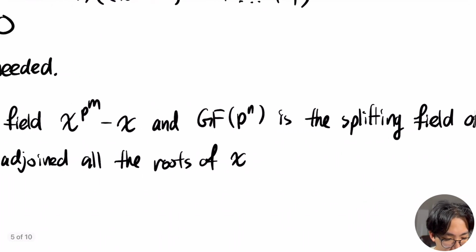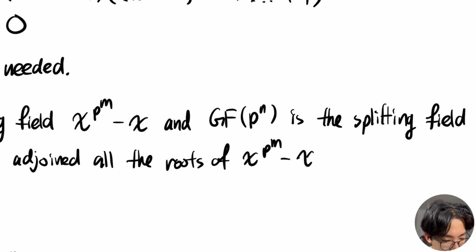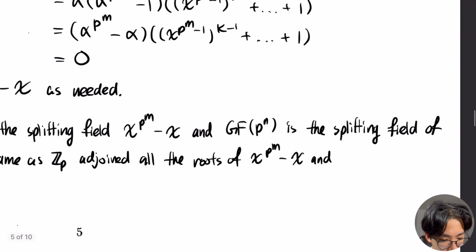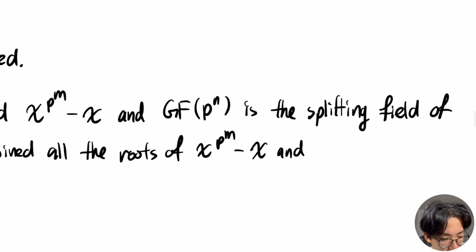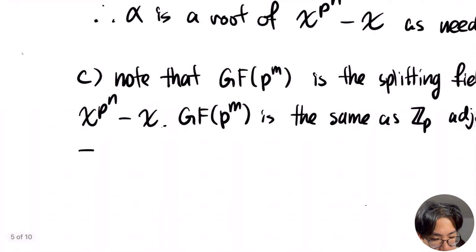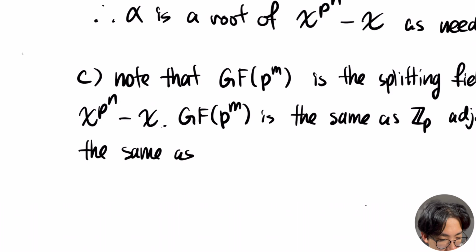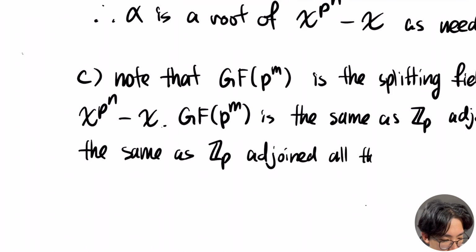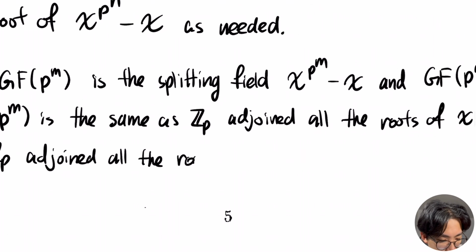And again, a similar statement: GF p to the n is the same as Z_p adjoined all the roots of x to the p to the n minus x.